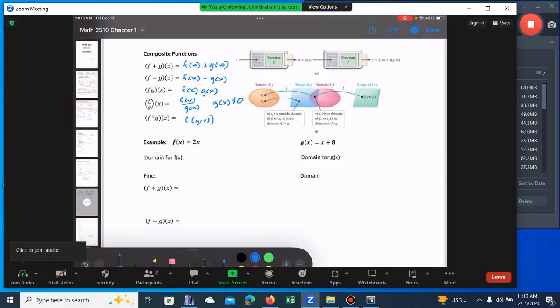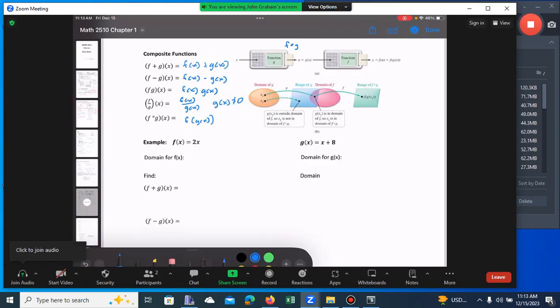So if you have x and it goes into the function g, and that then goes into the function f, this is f composite with g. We look at it as the domain of g going in, and when you take the function, you get the range of g.